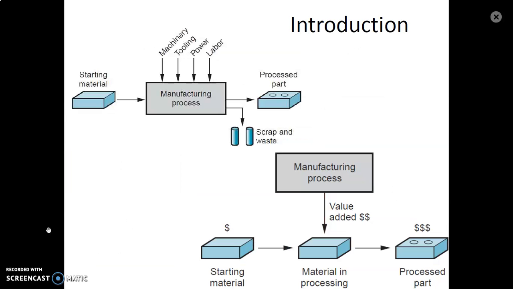Okay. So I will give some introduction about what exactly a manufacturing process is. In each and every case you will get some raw material. Suppose I give you one example, like you want to create a building.